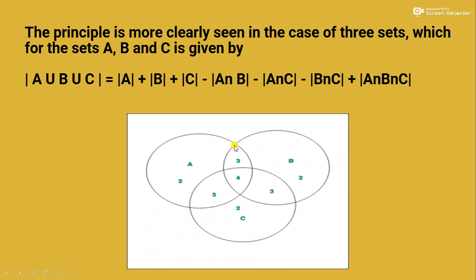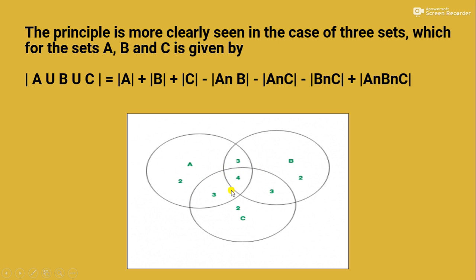A intersection B contains 3 and 4. A intersection C contains 4 and 3, B intersection C contains 4 and 3, and this region is 4. This is the A, B and C intersection, which is this region.